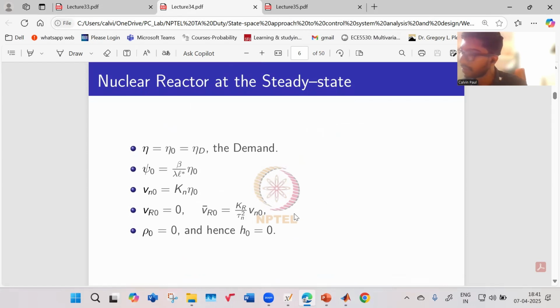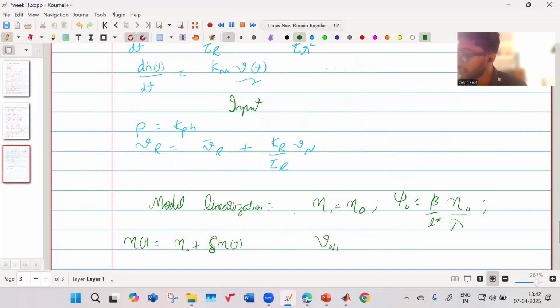Over beta naught 0 big K and over beta naught.